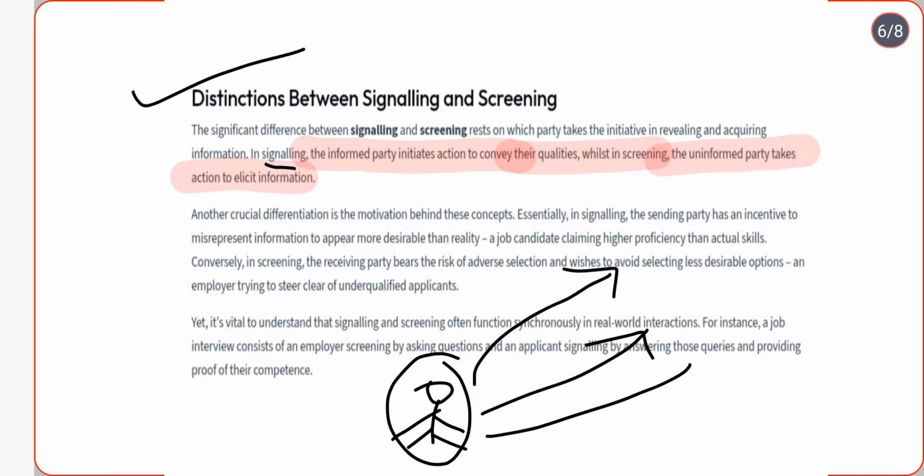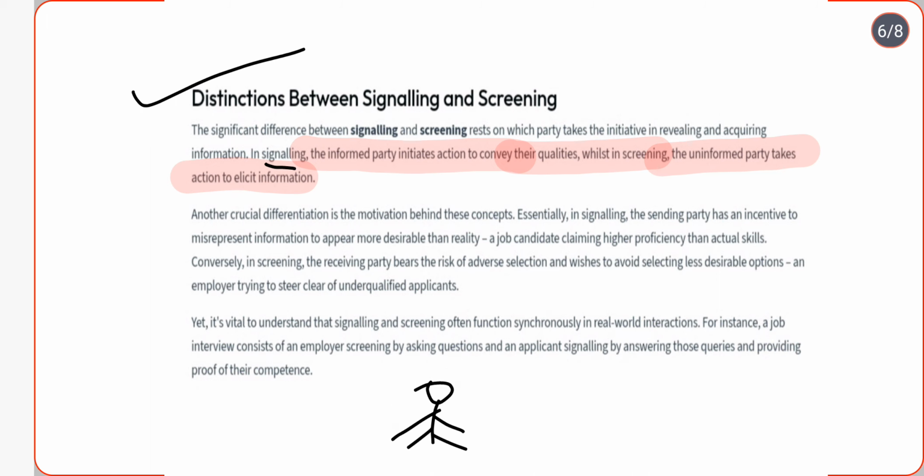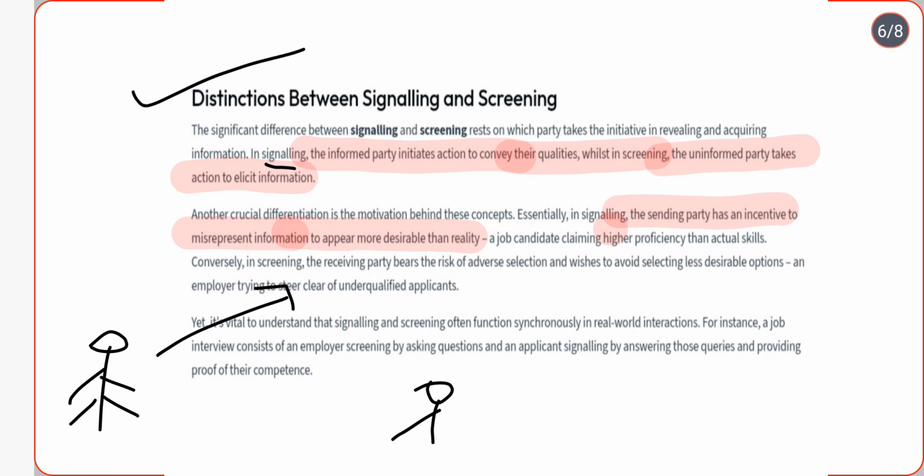Okay, now another crucial differentiation can be the motivation behind this concept. Essentially in signaling, the sending party, meaning the candidate, has an incentive to misrepresent information to appear more desirable than reality. Obviously, a job candidate who is willing to have the job, if he gets the job, he will get the salary. So he has a greater incentive; he may say that I was very good, I was a topper in the examination, or he may try to appear as a good candidate.